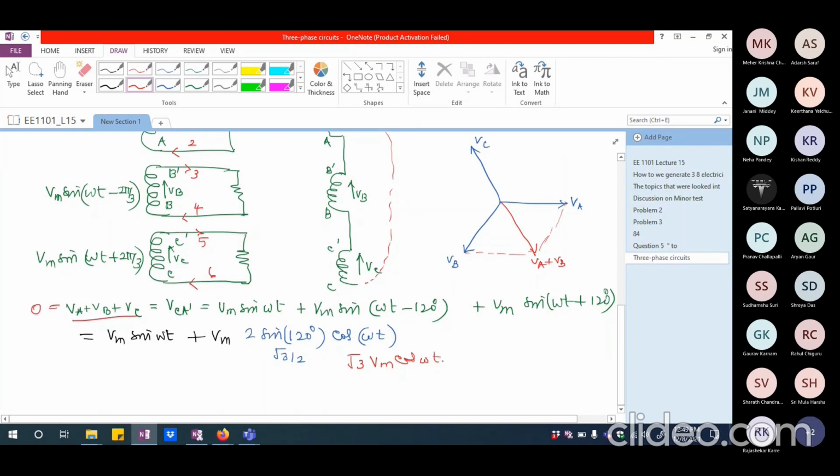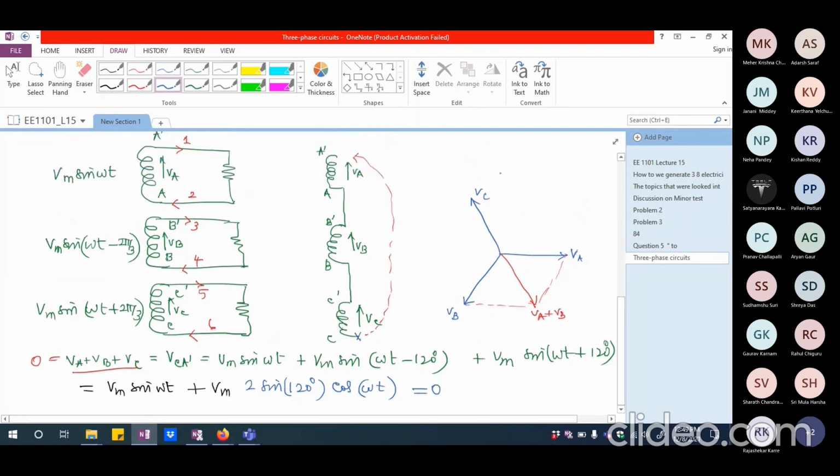If this comes out to be 0 ultimately, that means between this point C and this point A dash, I'm going to have literally 0 voltage.